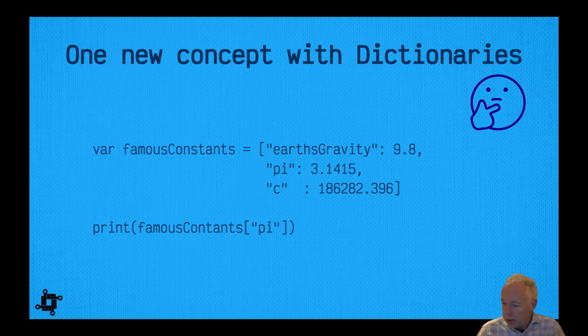So when we look at this declaration right here, and we look at this print statement, we see that it has a key that it's going to address. It wants to print out famous constants. The key is pi. It sees pi in here. And so we would think that 3.1415 is what it should print.